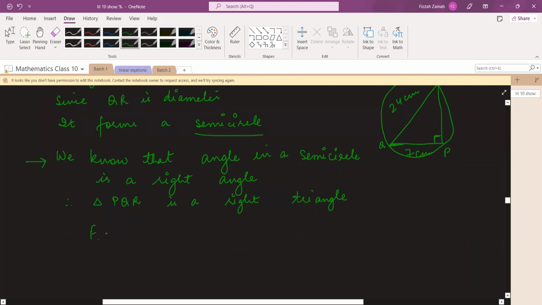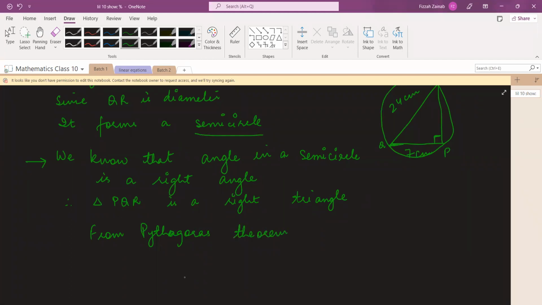So from Pythagoras theorem, now what does it say? That hypotenuse square, that means QR whole square, is equal to base square, that means QP square, plus height square, that means PR square. Is that correct?